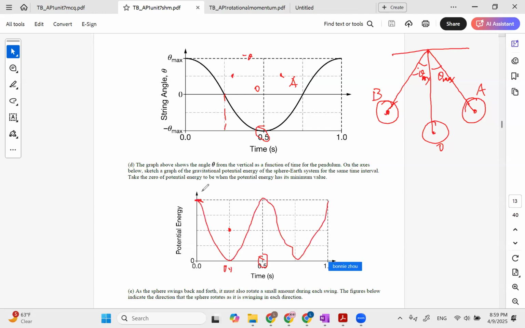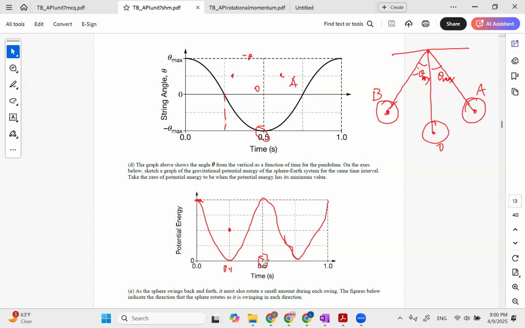Like this. Okay. So you can tell when you get to A, maximum potential energy. When you get to B, maximum kinetic energy. Oh no, maximum potential energy. And then at O, there's a node point.